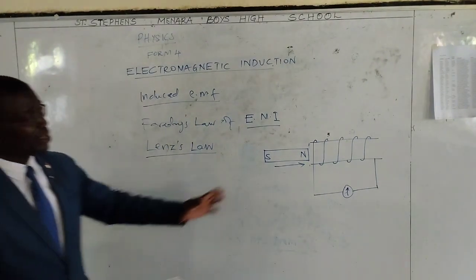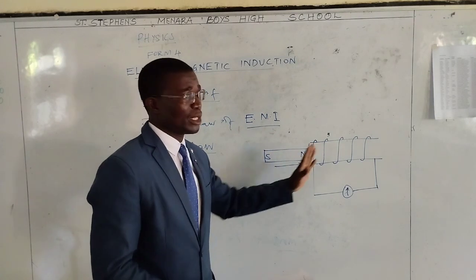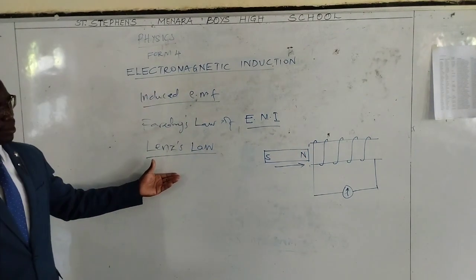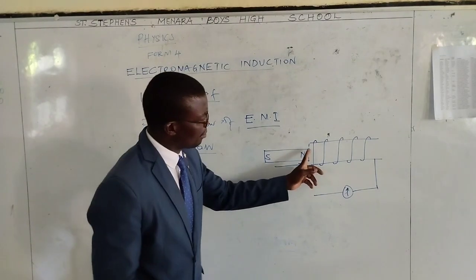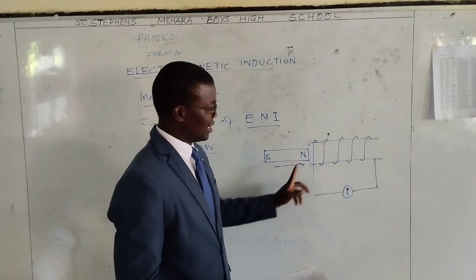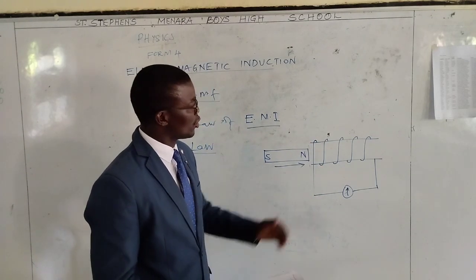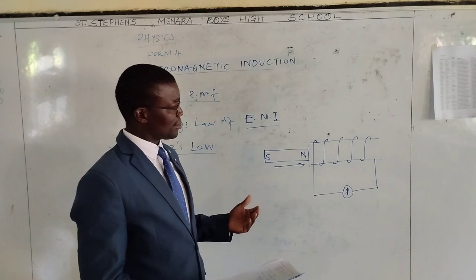Realize the following. This is a north pole of the magnet advancing into the coil. According to this law, a north pole must be created here at this adjacent end of the coil to oppose the incoming north pole.